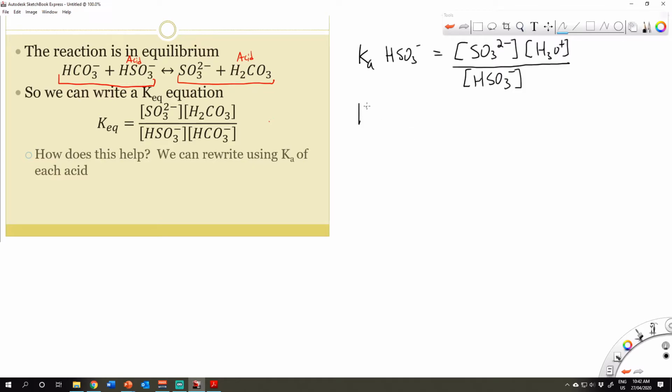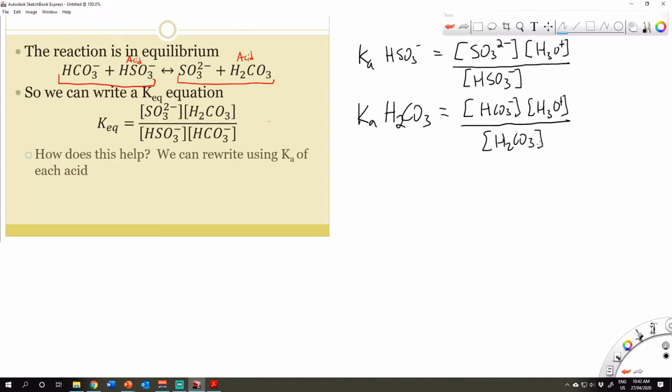And then the Ka of the other acid, the product acid, H2CO3, would look like this. Its conjugate base, the hydronium, and then the acid concentration of H2CO3, like so.